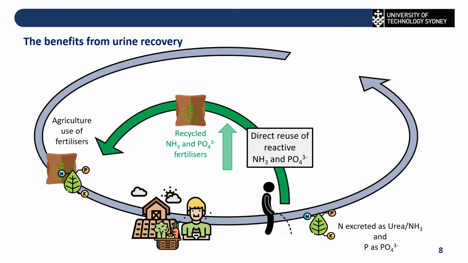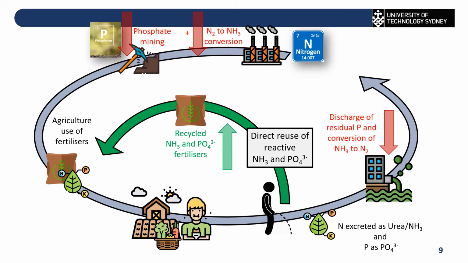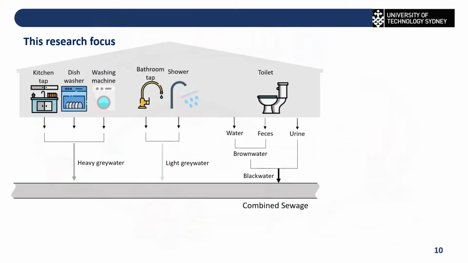The benefit of urine recovery is that we can make organic fertilizer. We utilize the nitrogen and phosphorus to produce ammonia, phosphorus and potassium fertilizer, and this will help reduce the mining of phosphate, the Haber-Bosch process for nitrogen production, fertilizer use, and discharge of residual phosphorus and conversion of ammonia to nitrate in wastewater treatment plants, which will protect our waterways.